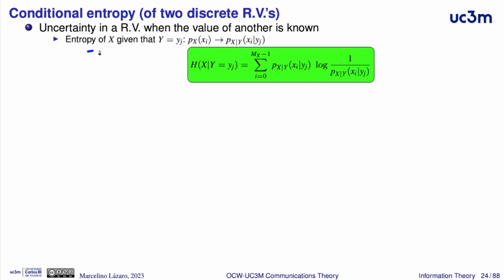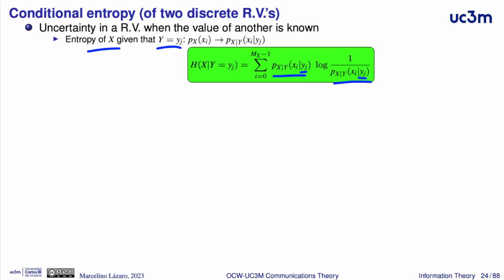Basically, we can obtain the entropy of a random variable if we know that a specific result has happened for the other random variable. In this case, in the definition of the entropy, we simply replace the probability of x by the probability of x given y equal to yj.